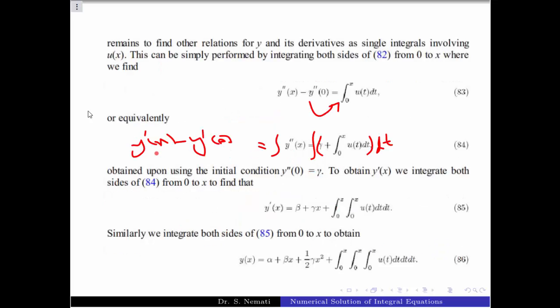So we have y prime of x minus beta equals the integral of gamma, which will be gamma x, plus integral of u dt dt. And for the second part, that we have 2 times integration, we can use the general formula.